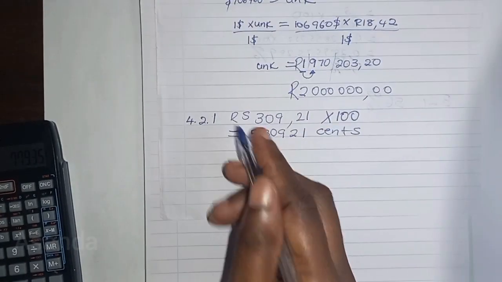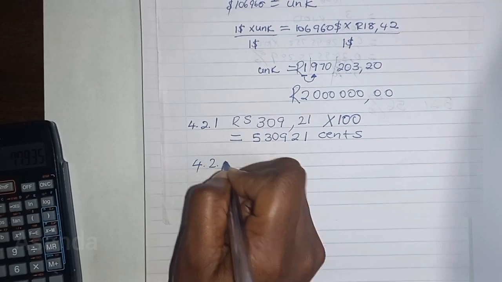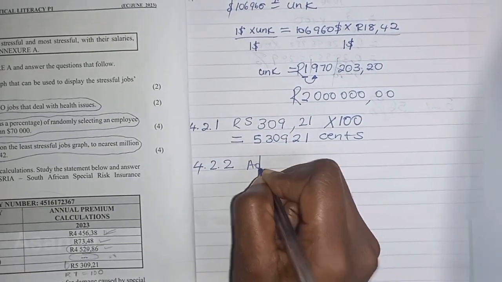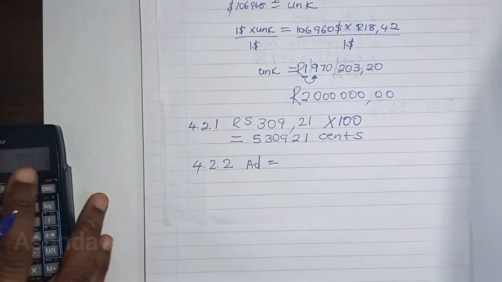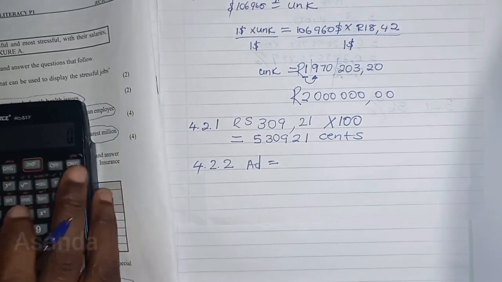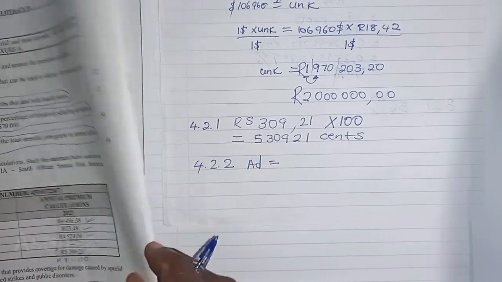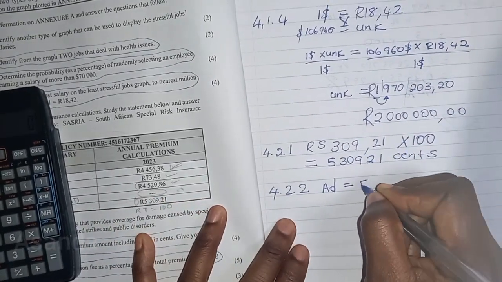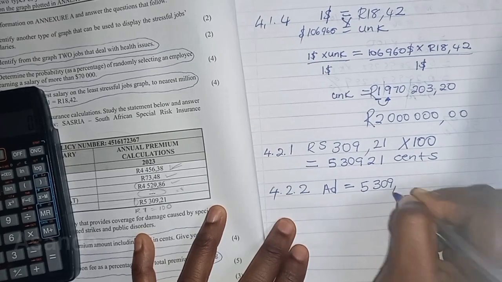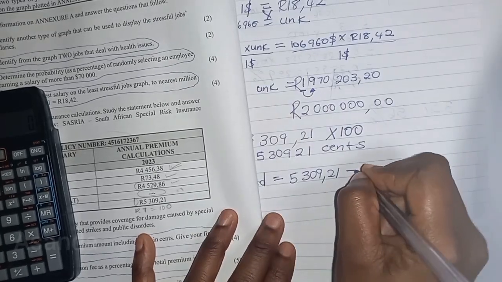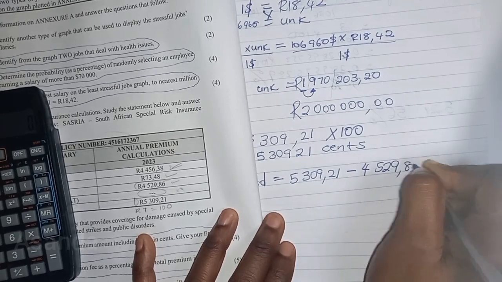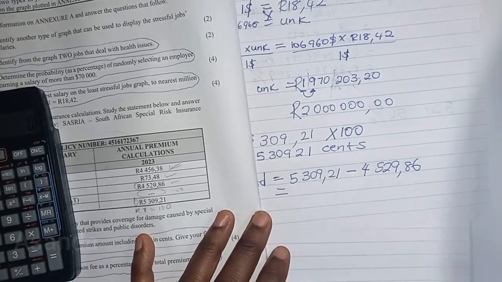So 4.2.2, you're saying the administration fee. First, we calculated the administration fee, which is 5,309.21 minus 4,529.86, and then we get the administration fee.